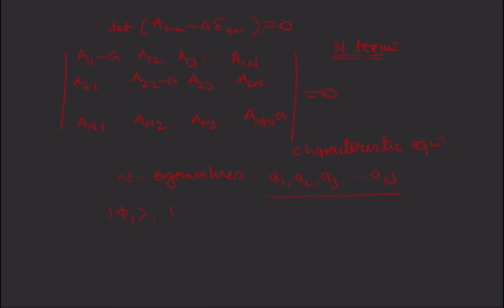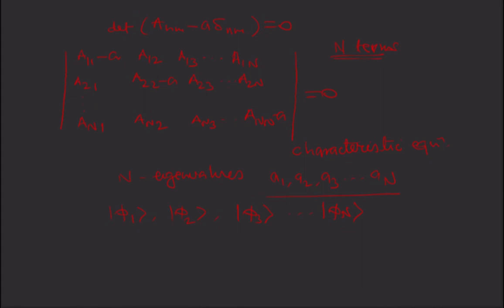Knowing the set of eigenvalues a1, a2, a3, up to an, we can easily determine the corresponding set of eigenvectors phi1, phi2, phi3, up to phi n. For each eigenvalue am of operator A, we can obtain from the characteristic equation the n components of the corresponding eigenvector ket phi m.